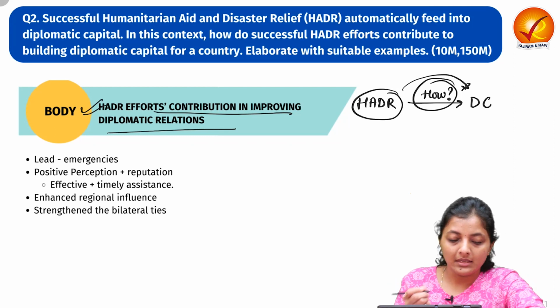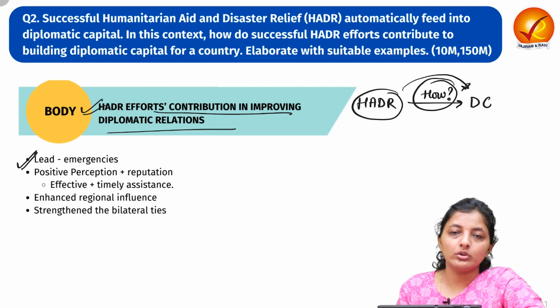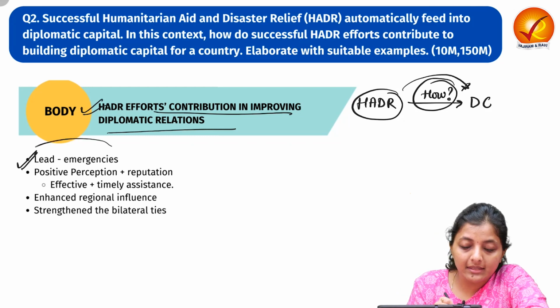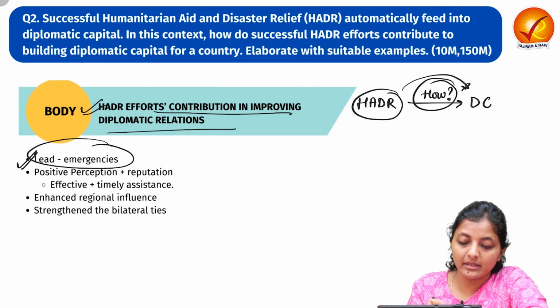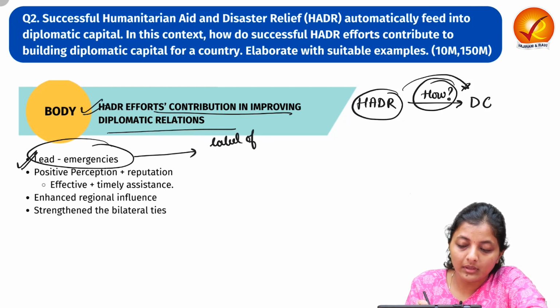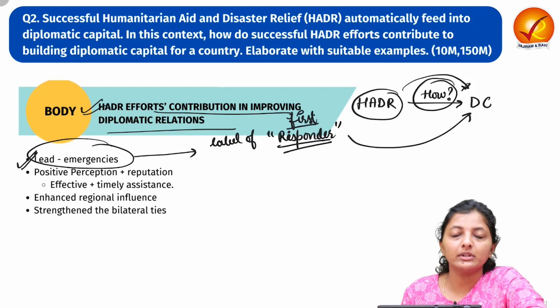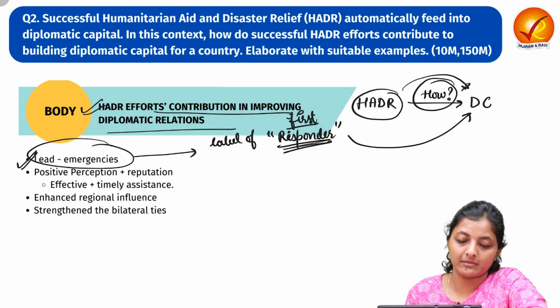So by taking the lead role during emergency times, like India takes the leadership role in emergencies in the neighborhood, and India has earned the label of first responder. This is diplomatic capital only, that everybody trusts India as the leader of our region.